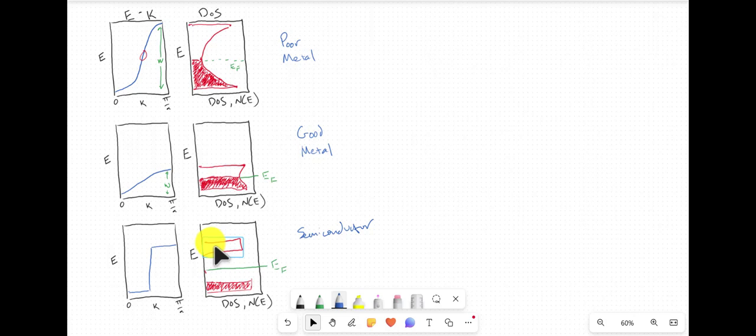All that to say, there's some fancy math that gets you to a Fermi level for an intrinsic semiconductor, which is halfway between the occupied and the unoccupied band, or right in the middle of the band gap. So we can just be okay with that without deriving it, because it's not going to be of much utility. What would be of utility is knowing that the exact position of this depends on how many carriers and what types of carriers you have.